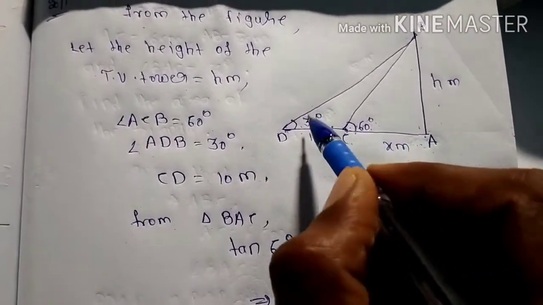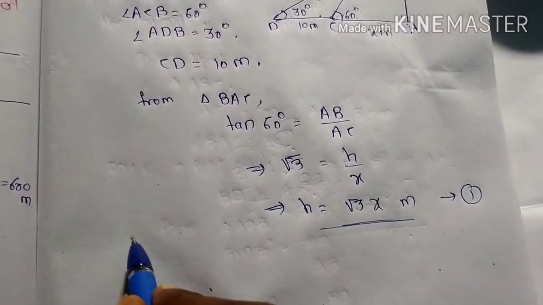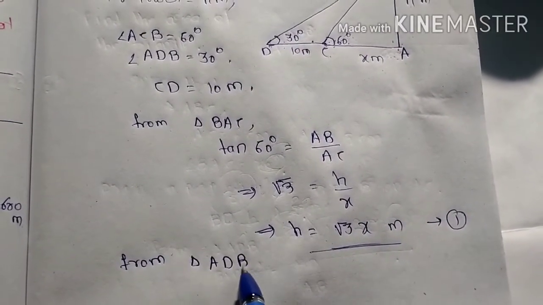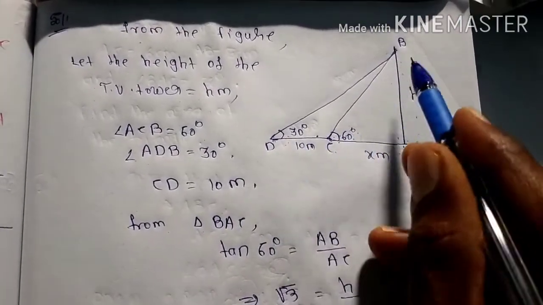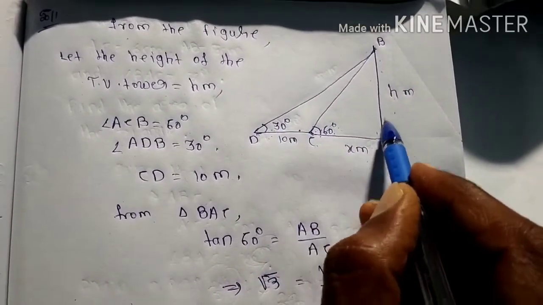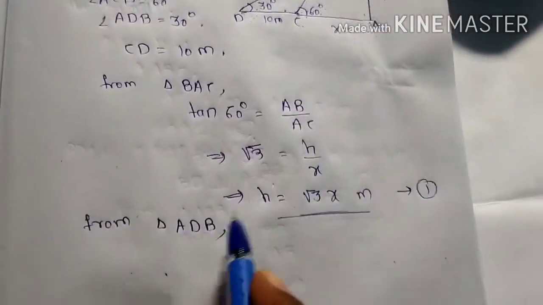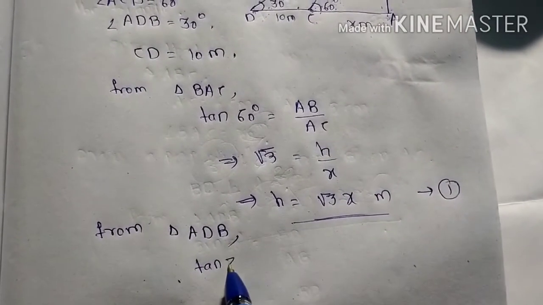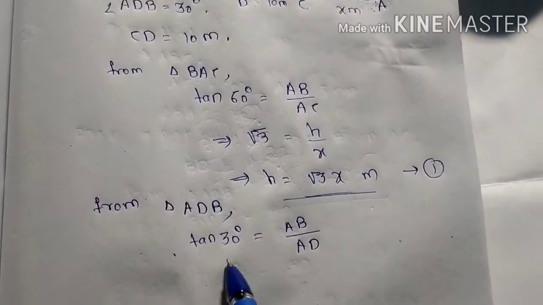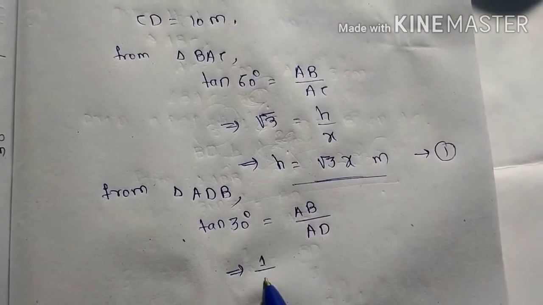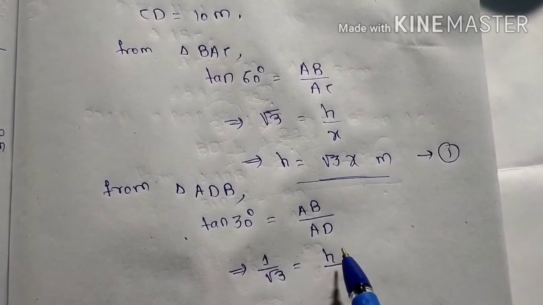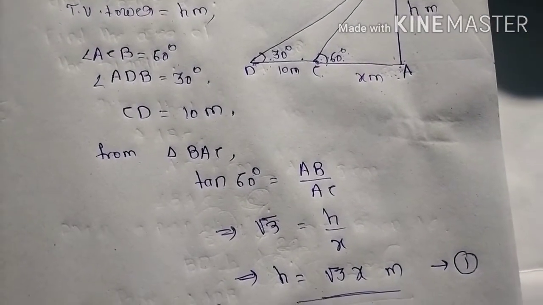Next, from the triangle ADB, see here tan 30. Tan theta is equal to AB by AD, opposite side by adjacent side. Tan 30 value is 1 by root 3. 1 by root 3 is equal to AB, which is h, by AD.